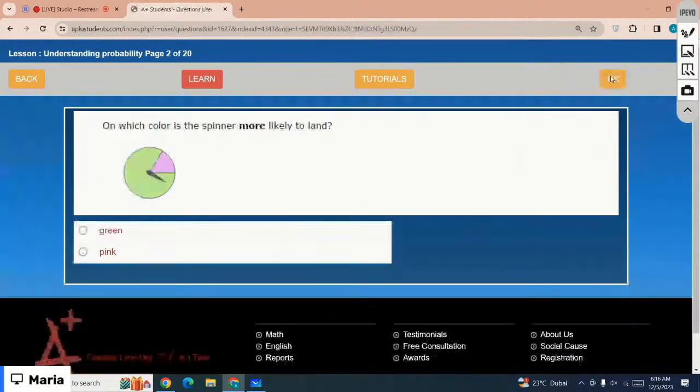Okay, on which color is the spinner more likely to land? Which is the correct option? Green or pink?